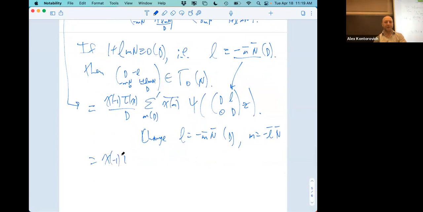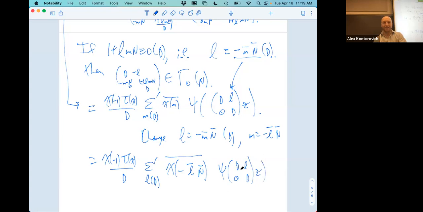I have chi of -1, tau chi of D over D, a sum over L mod D, chi of M is chi of negative L bar N bar, and there was a bar on it, psi of DL0D Z. So instead of summing over M as the variable, I'm going to change to L being the variable that I sum over.